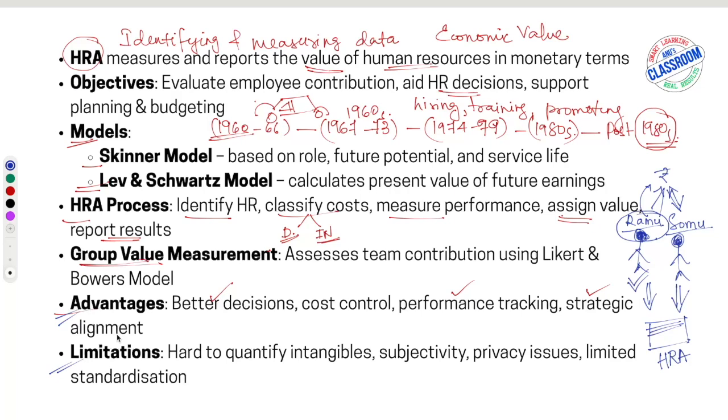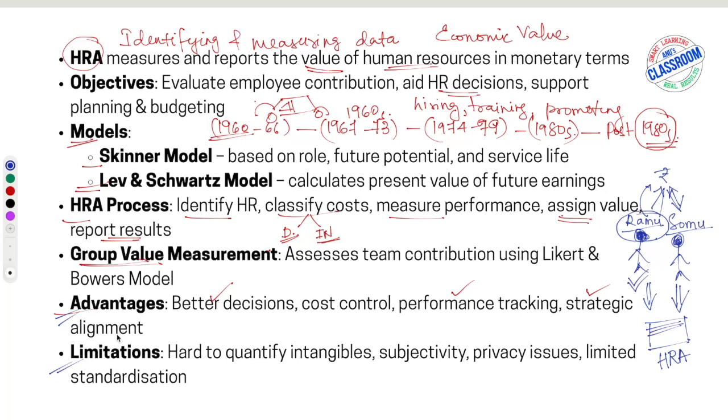Second, HRA also depends on a lot of assumptions, which can be subjective. And it may raise data privacy concerns if it is not handled properly. Because sometimes employees may feel uncomfortable knowing that they are being monetized, like vegetables in a sabzi mandi, right? It feels so violated and it feels so wrong.